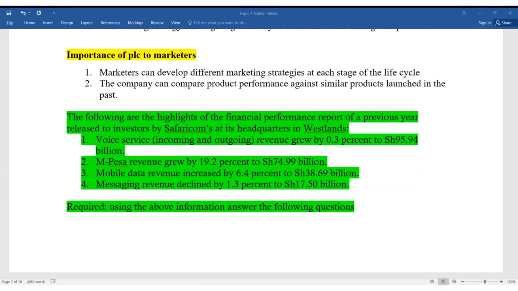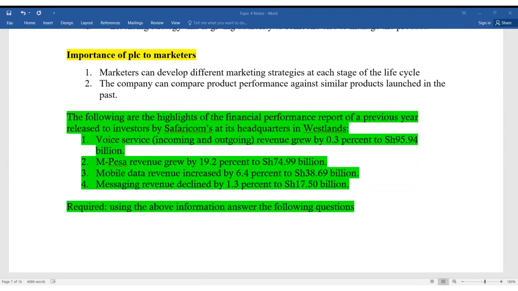Now, using this information, you can analyze the Safaricom product portfolio performance using a product life cycle curve.